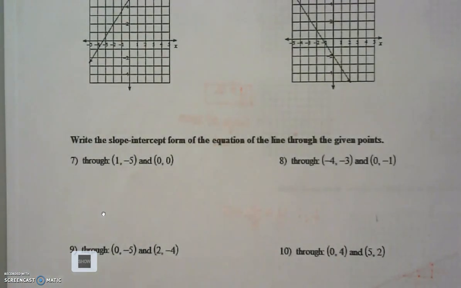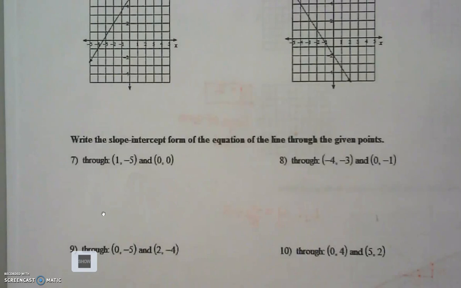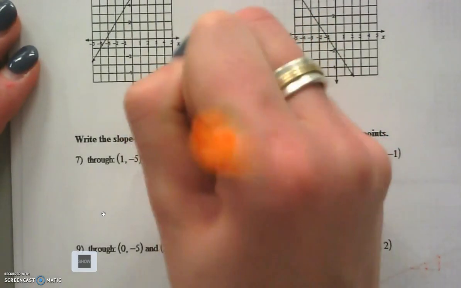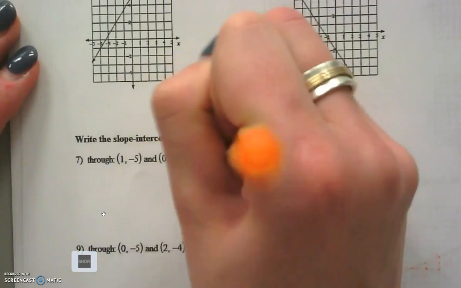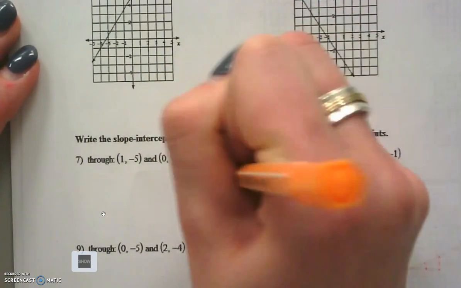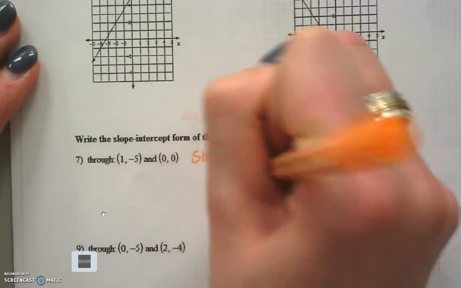What about writing the slope intercept form of the equation of a line through given points? Well, if they're through given points, you're going to have to find the slope first. So let's find the slope first. Remember, your slope formula is y2 minus y1 all over x2 minus x1.